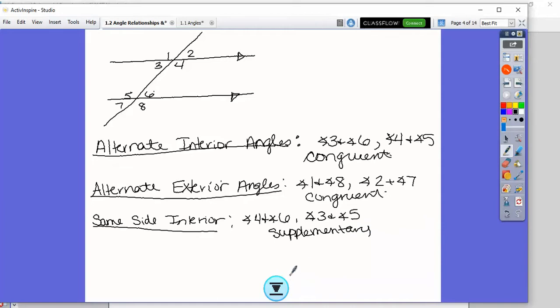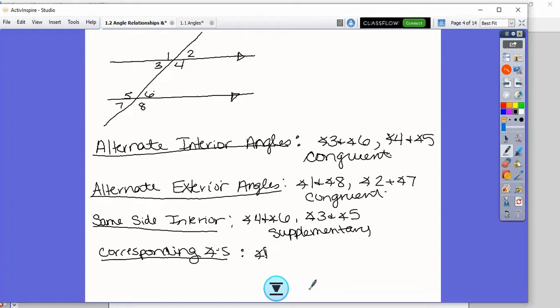Okay. Next set, I want corresponding angles. Corresponding means they are in the same position. So for instance, angle 1. It is to the left of the transversal and above the parallel line.